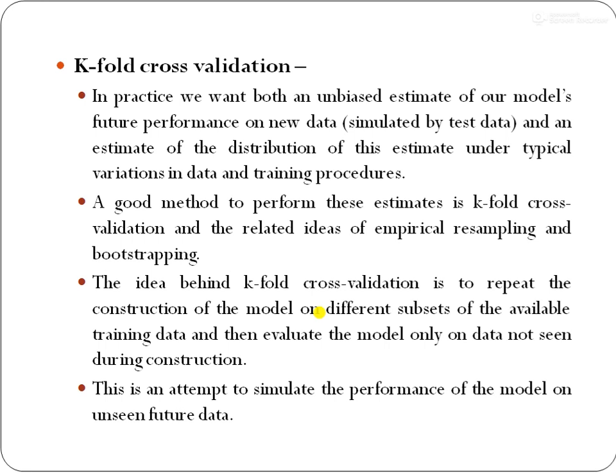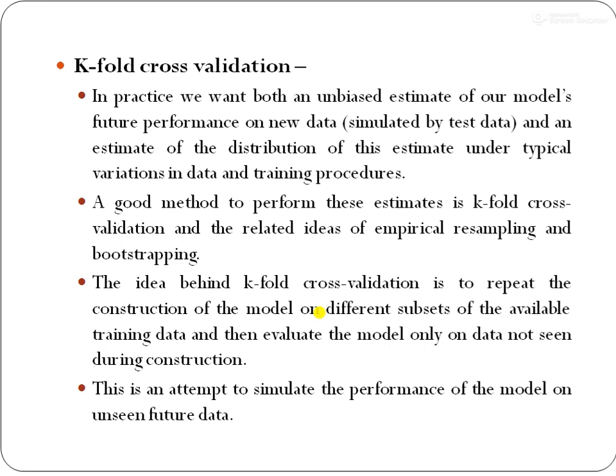That means we need to evaluate the performance of our model on different stages of the training data. So not only do we need to test the performance on future data, but if there is any variation in the training procedures or the training data, the model should work well under all these types of data.